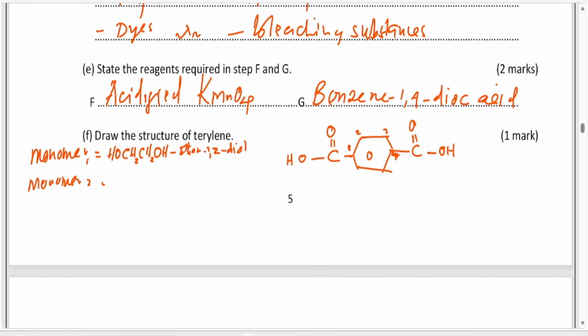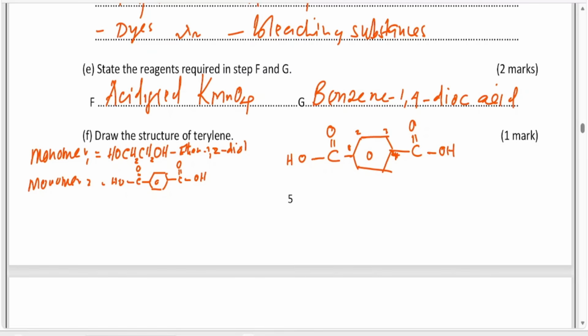Monomer 2 is our benzene-1,4-dioic acid, which is HO, carbon with oxygen, then a benzene ring, then H. So those are the two monomers that we are going to combine that will lead to formation of our polymer. And our polymer is going to be terylene.